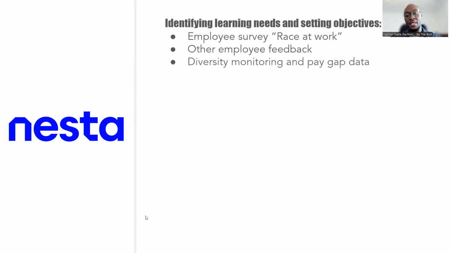So from the Race in the Workplace survey, they found that employees weren't 100% comfortable having conversations about race and ethnicity. They also found that employees without lived experience of racism or racial harm weren't attuned to recognizing microaggressions and lacked confidence addressing microaggressions.